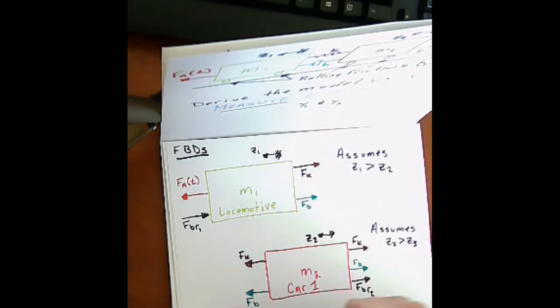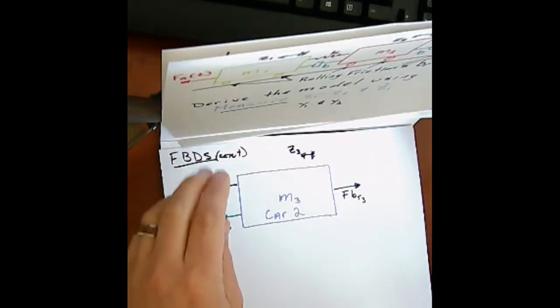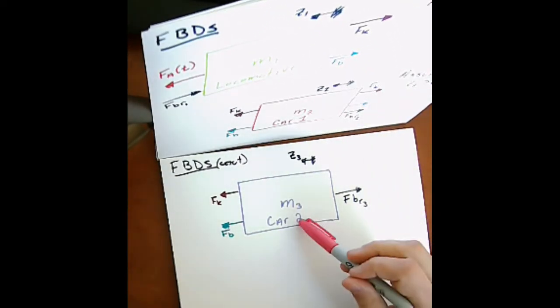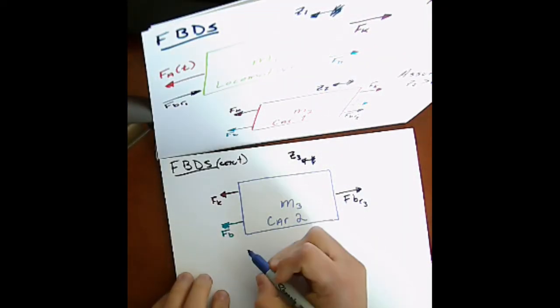These are internal forces connecting these two cars, and likely they will look the same way on the next one. So here's mass 3, car 2. You can see it labeled. Fantastic. So there's the free body diagrams.